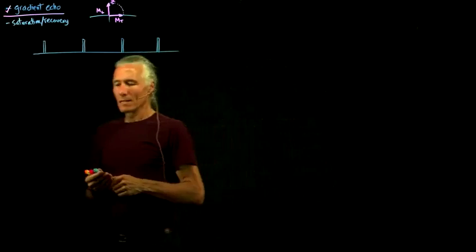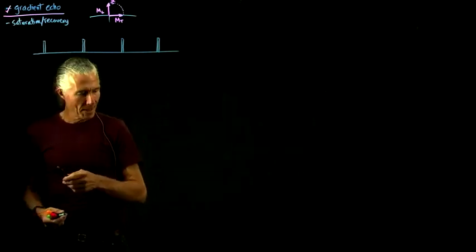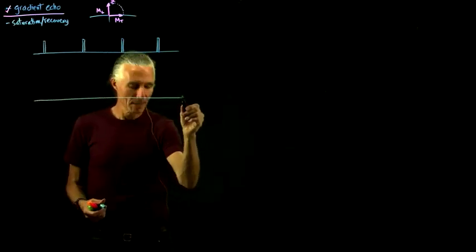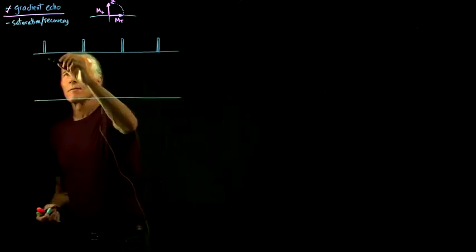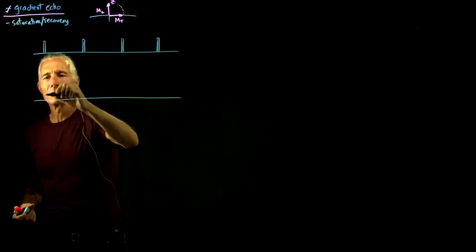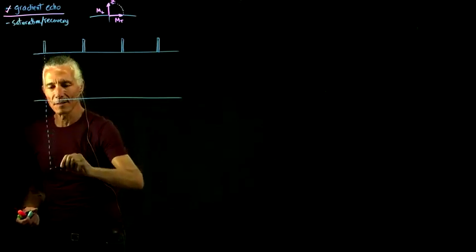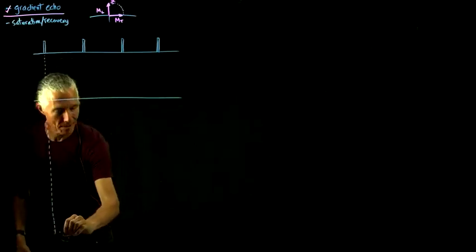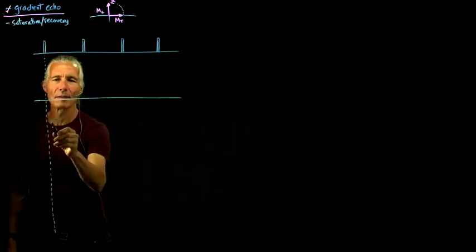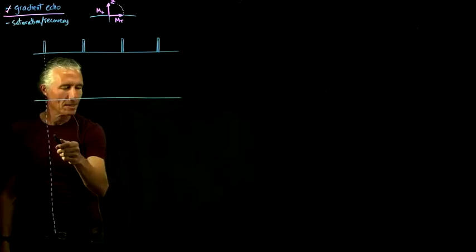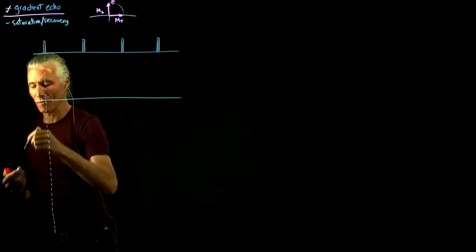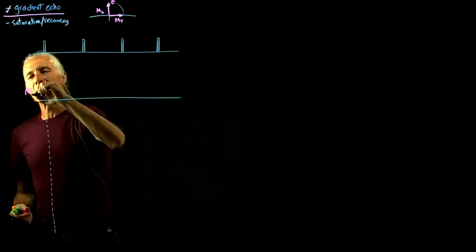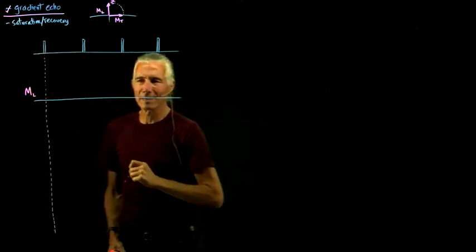And so what will happen in our signal here? Well, if we go down all the way to our signal, way down at the bottom here, what I'm plotting over here is the invisible longitudinal magnetization.